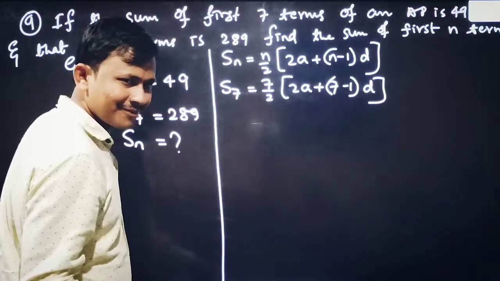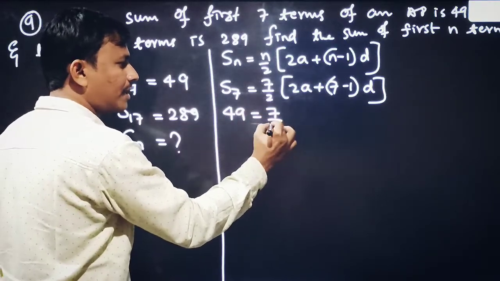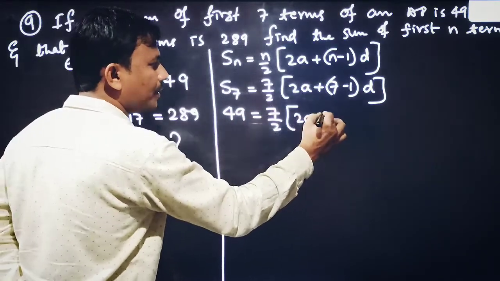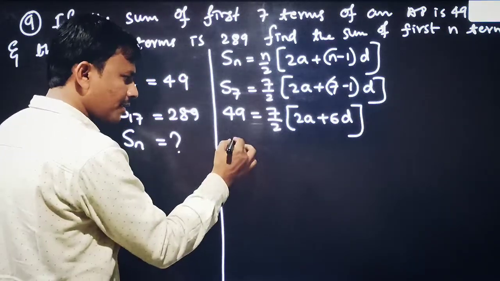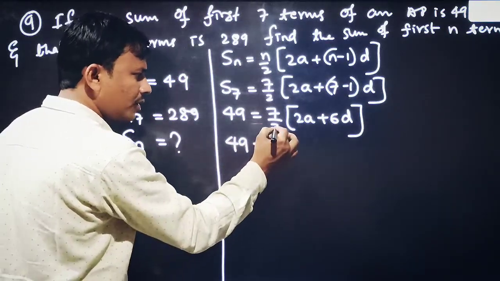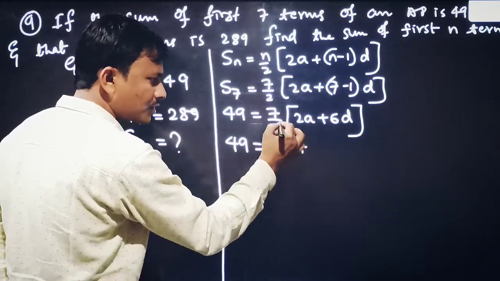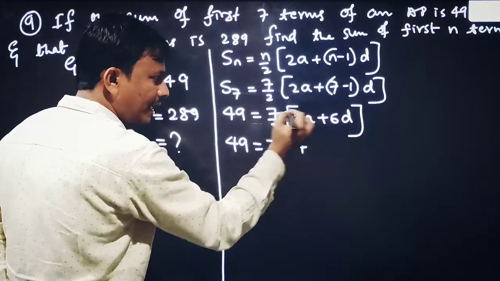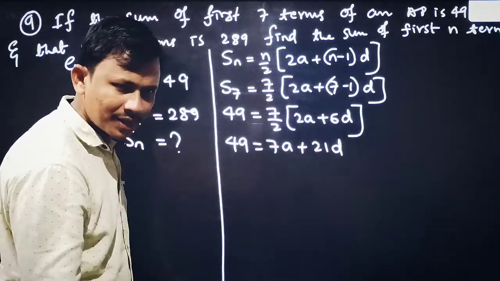Then S7 value 49 is equal to 7 divided by 2 in bracket 2a plus 6d. Next, 49 is equal to 7a plus 3d into 7, 21d. 3 sevens are 21.